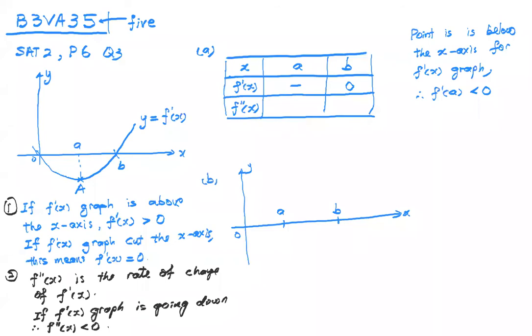And the stationary point of f prime x will result in f double prime x equal to 0.